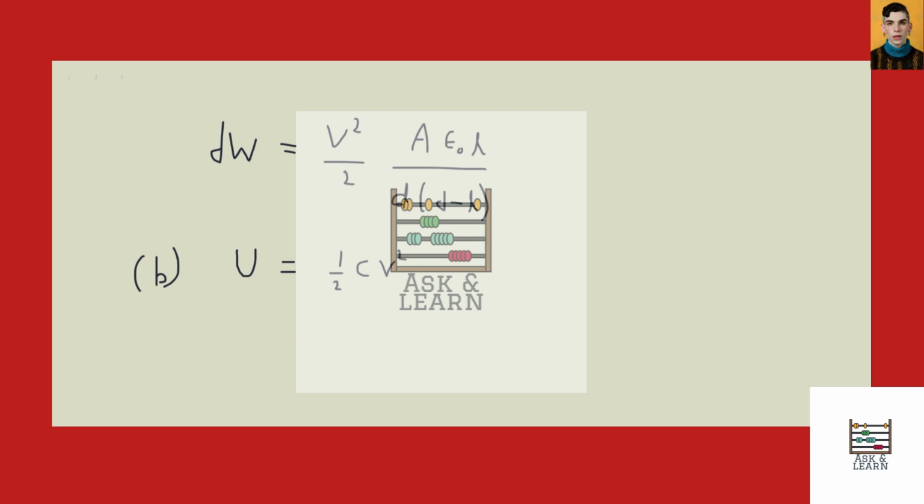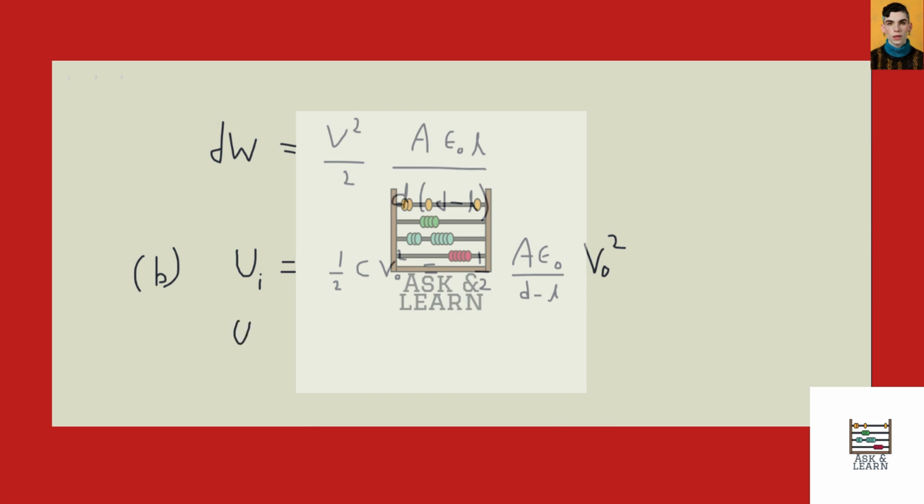Since we are going to disconnect the battery in the end, let's denote it by V naught now. So in this case, this is initial energy. Initial energy now is equal to half, since we know initial capacitance is A epsilon naught divided by D minus L, and simply V naught square.